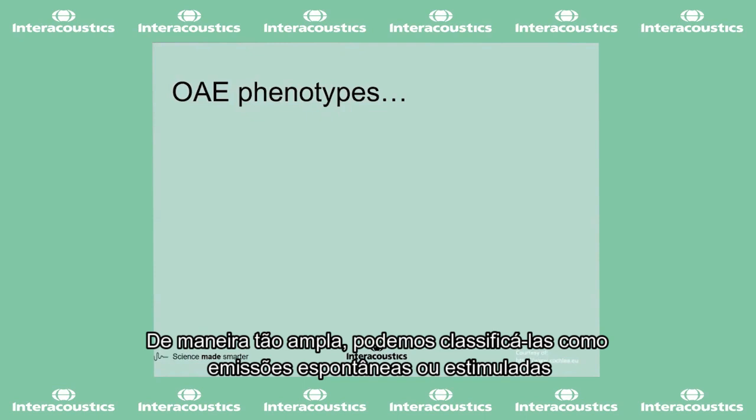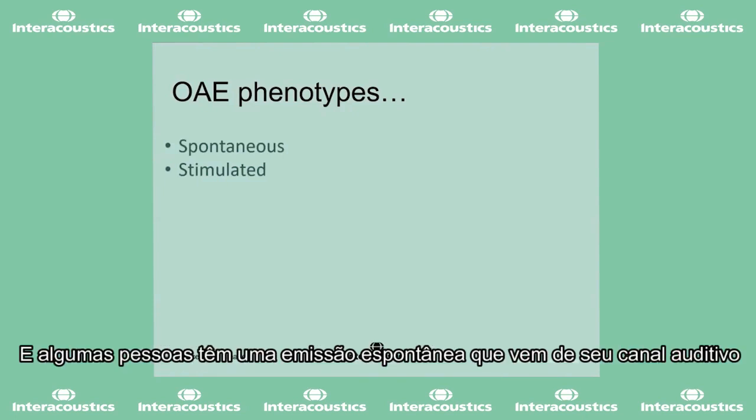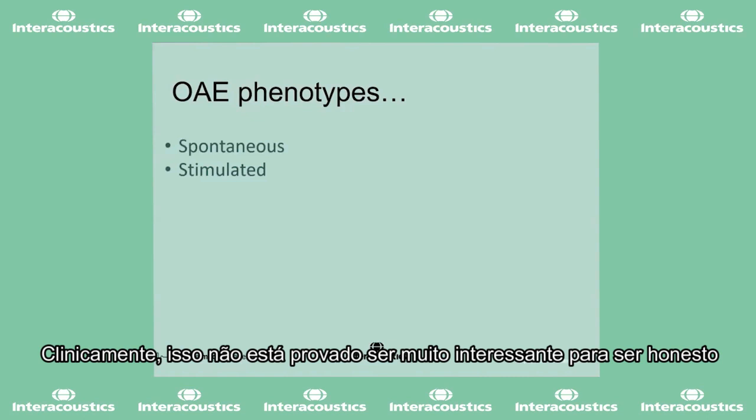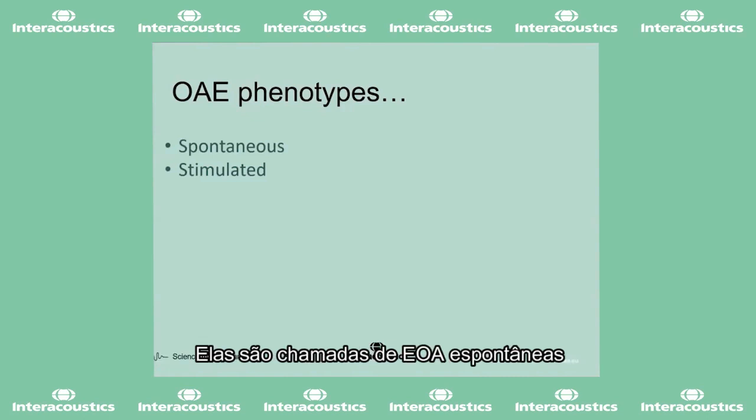Okay, so broadly we can classify them as either spontaneous or stimulated emissions, and some people do have a spontaneous emission that comes into their ear canal. We can measure it with a microphone. Clinically, this is not proven to be very interesting, to be honest. They're called spontaneous otoacoustic emissions.